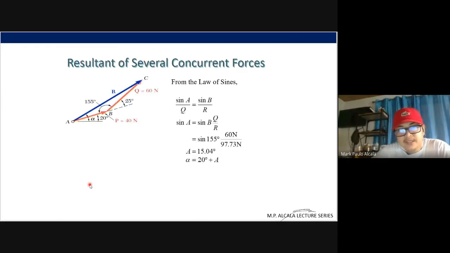The law of sines: sine A over Q is equal to sine B over R, where B is your 155 degrees and R is the resultant, 97.73 newtons.